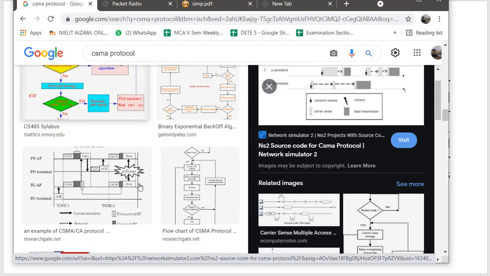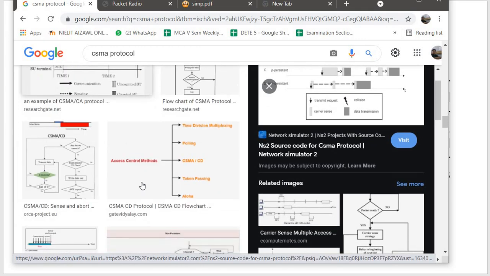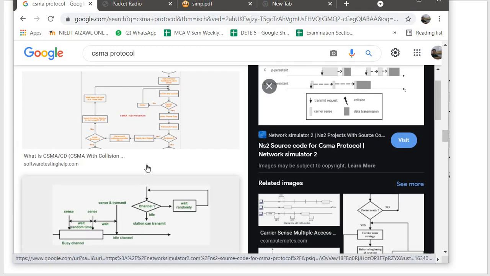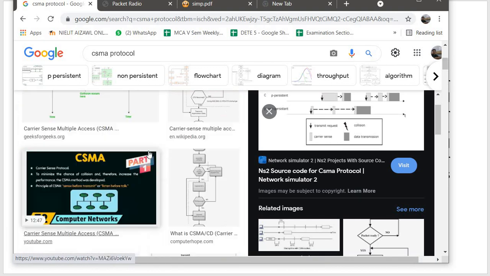There are no graphical representations, only the flow chart is there.